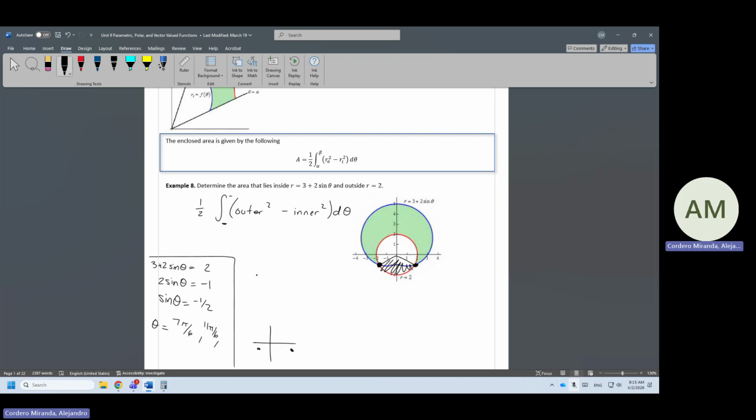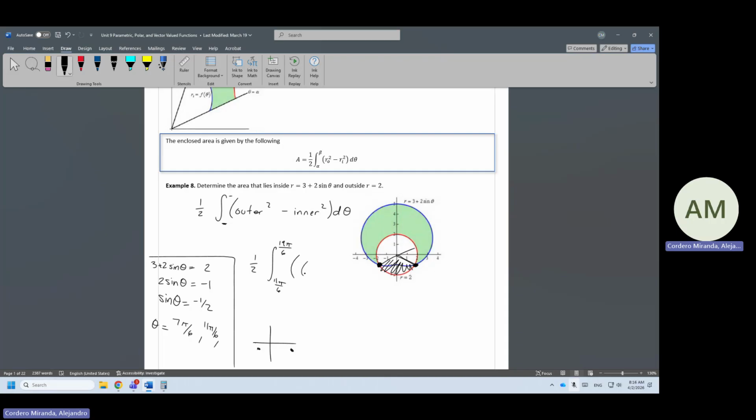So here's us setting it up both ways. You choose whichever way you like better. We heard first this idea, 11 pi over 6 to 19 pi over 6 of outer function minus inner function. You just saw me spoil it, but hopefully you understood why the outer one, the farther one away from the pole, is the blue function, and the closer one to the pole, the origin, is the red function.